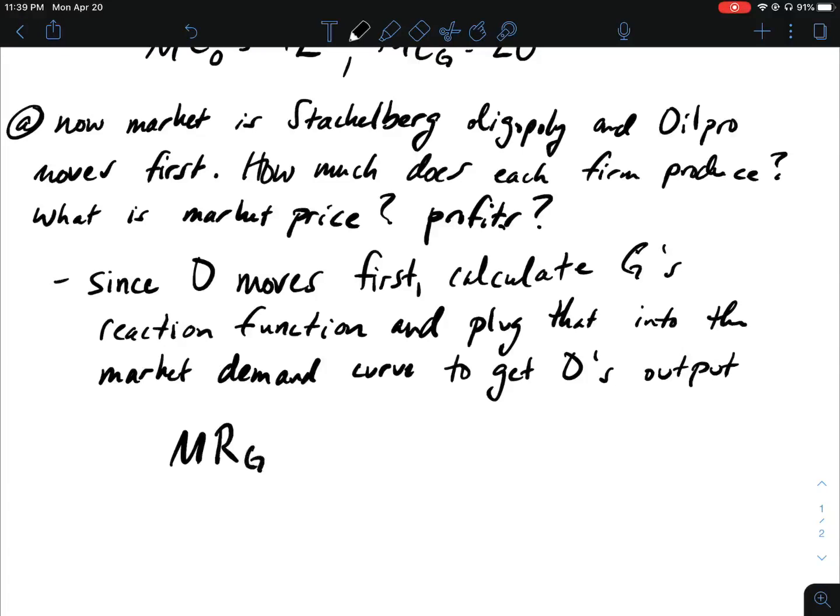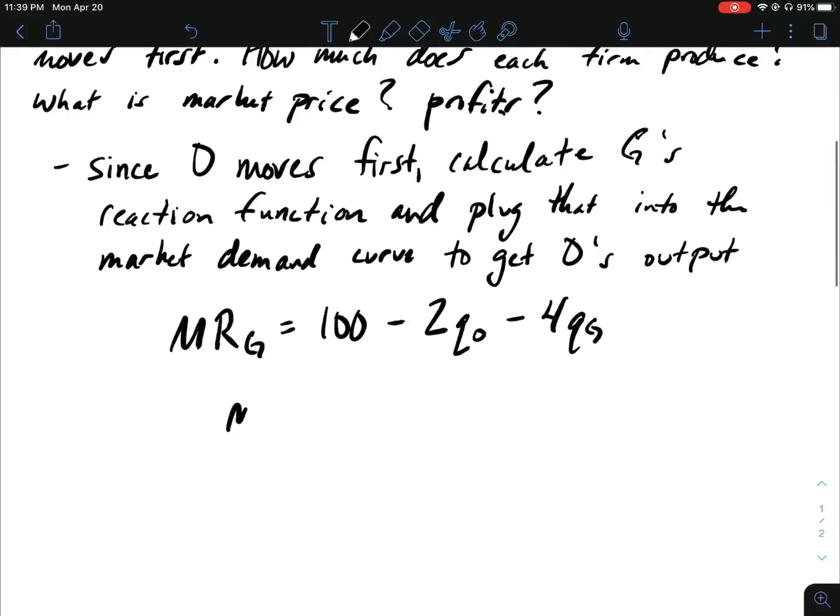So we have the marginal revenue for Grease Tech. That's just going to equal 100 minus 2 times QO minus 4 times QG. We found that in the previous video. And as always, we're setting our marginal revenue equal to our marginal cost.